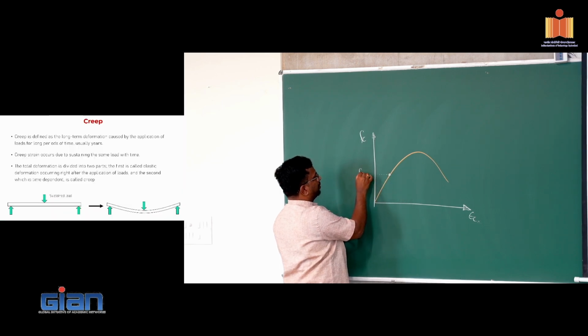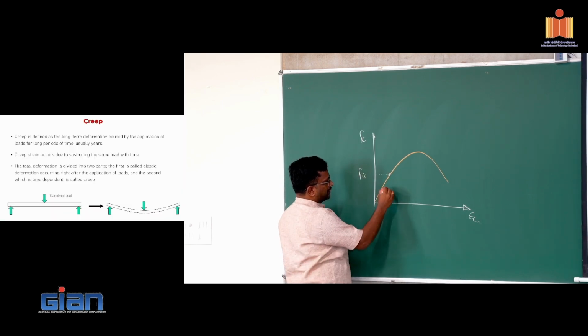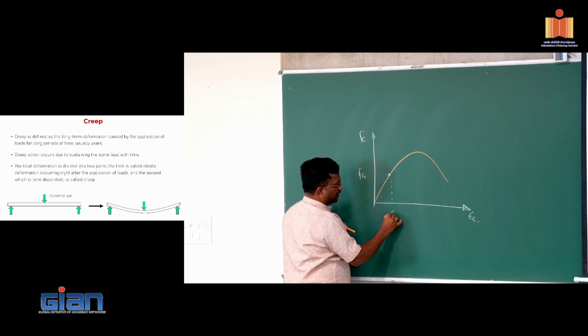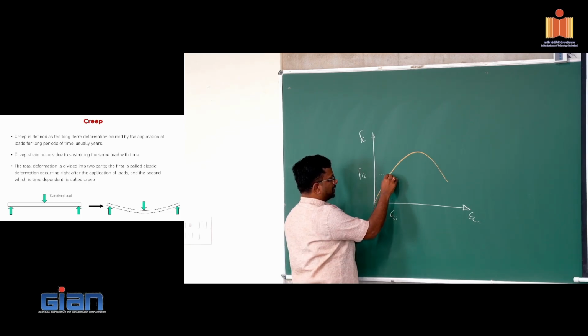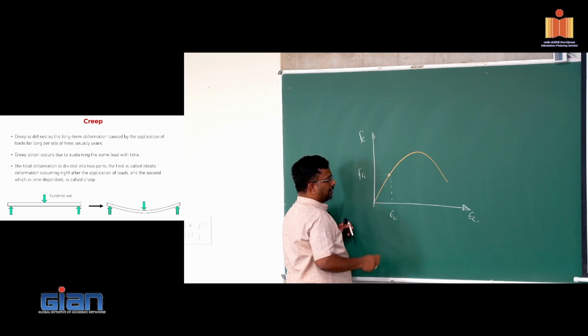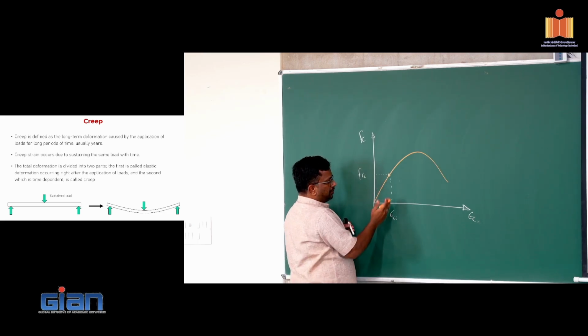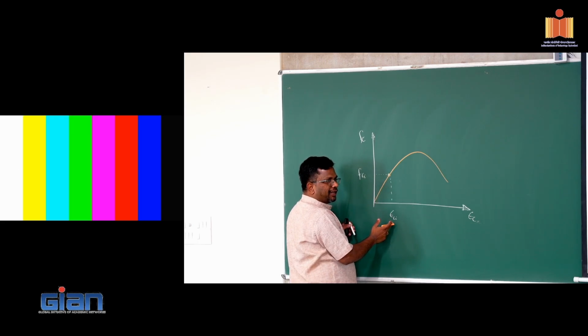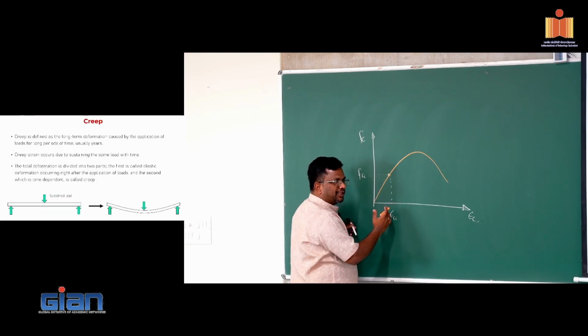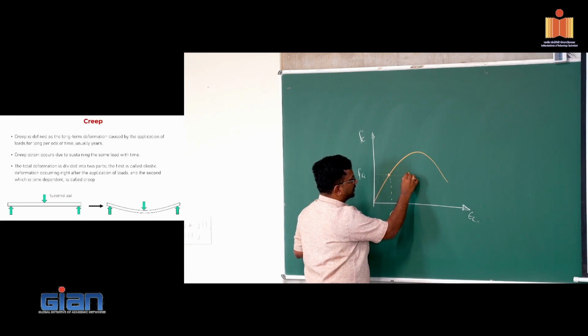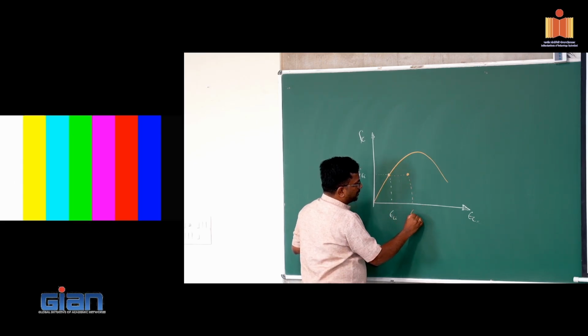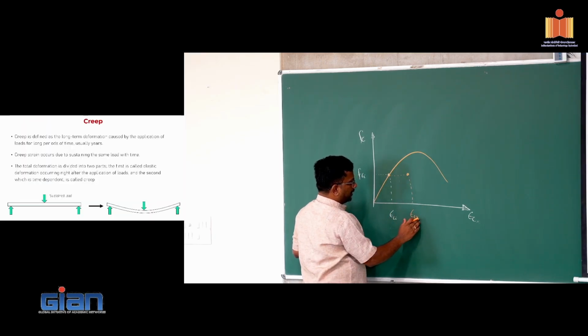So let's say that I apply fCi, the stress, and my initial strain is epsilon Ci. Now what I'm saying is, under this constant stress, the definition of creep is, my strain doesn't remain at epsilon Ci, the strain is going to keep increasing, right? So it's going to go like this, let's say epsilon C2, okay?